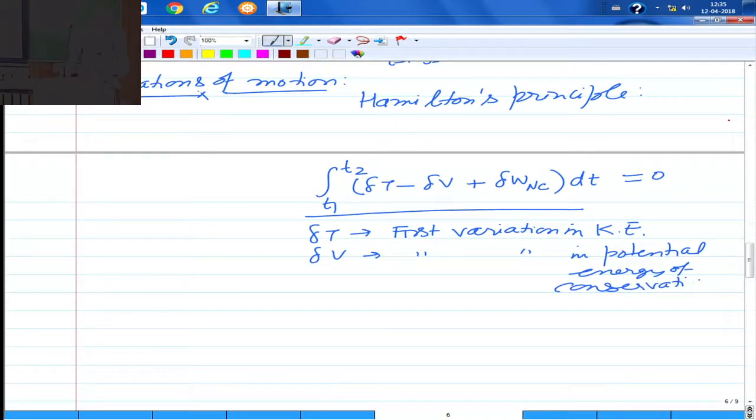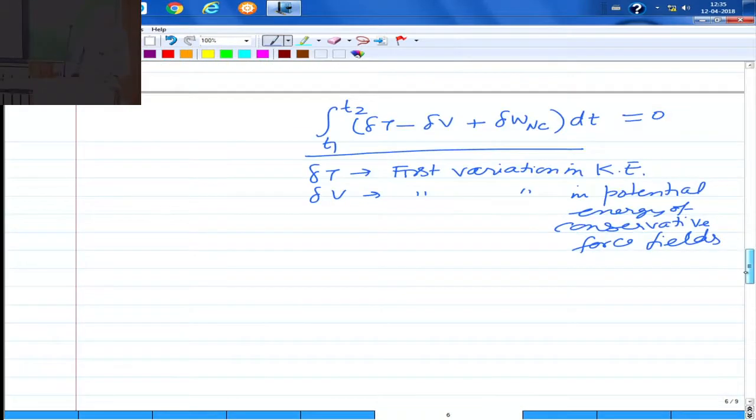The forces can be internal or external conservative force fields, and delta WNC is the virtual work of non-conservative forces.